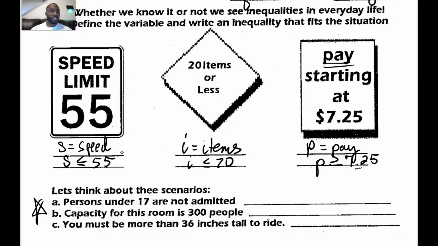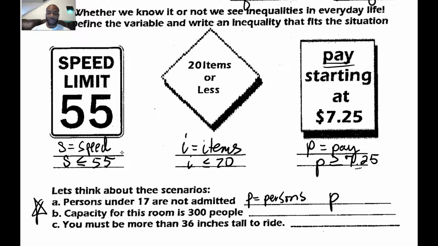So these scenarios will be yours down at the bottom. The first scenario says persons under 17 are not admitted. So you're writing the scenario that talks about what type of people can't get in. If we define the variable, P is for persons, and then are not admitted.